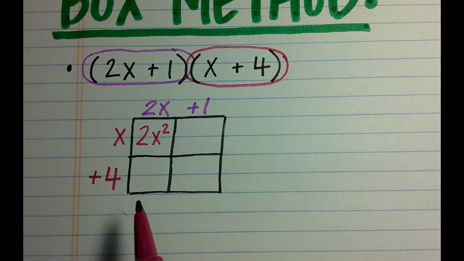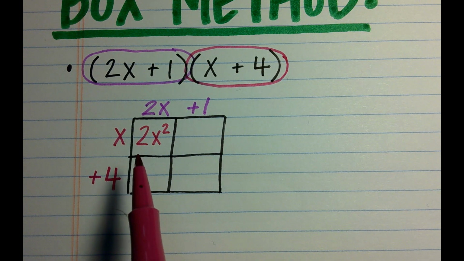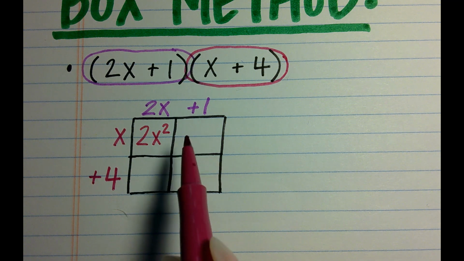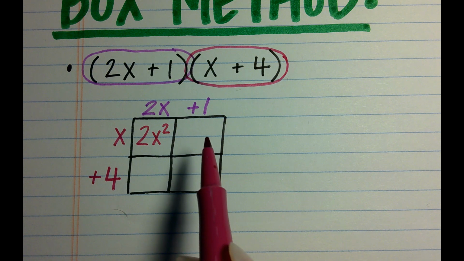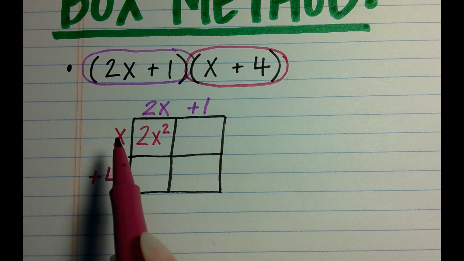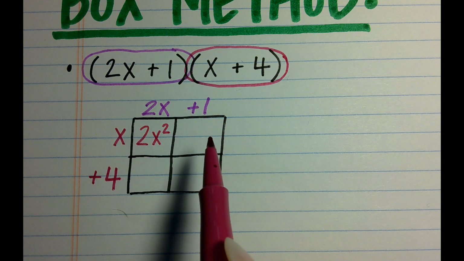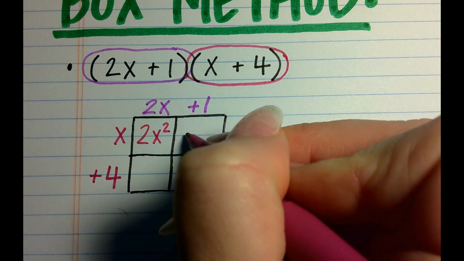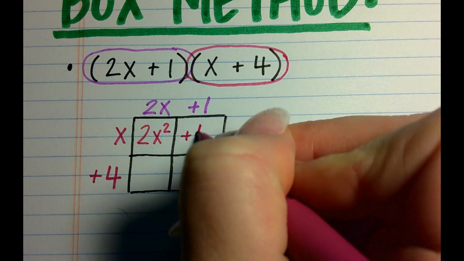Good. Next, what two terms am I multiplying in this box? 1 and x. What's 1 times x? 1x. So I'm going to write plus 1x.